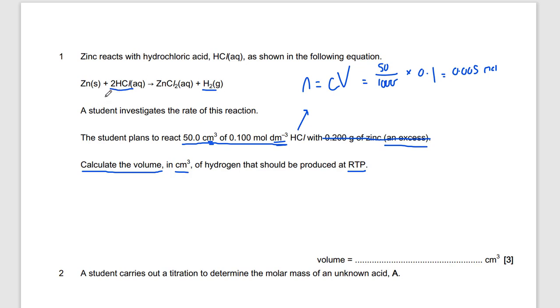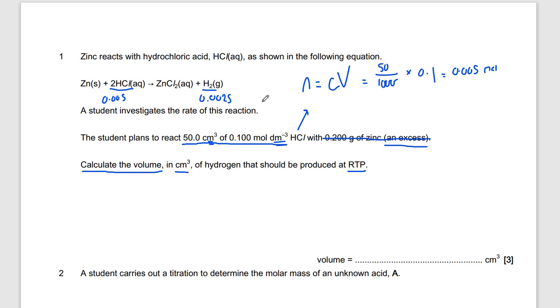Therefore, if I have 0.005 moles of HCl, I'm going to produce half the amount of hydrogen. So therefore, I'm going to produce 0.0025 moles of hydrogen. Stoichiometry, nice and straightforward. 2-to-1 ratio, divide by 2.